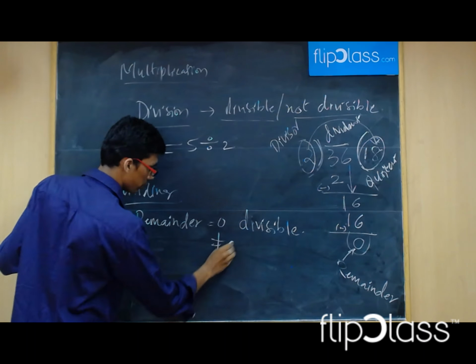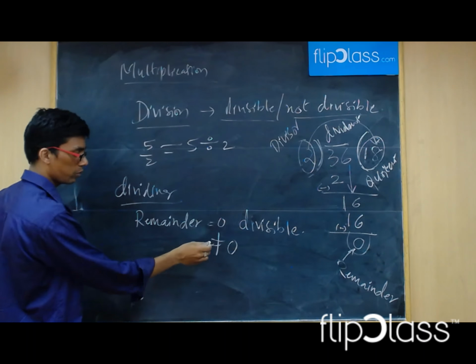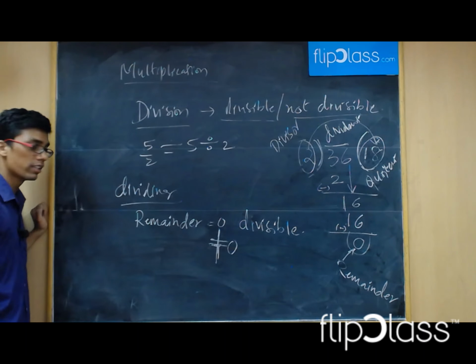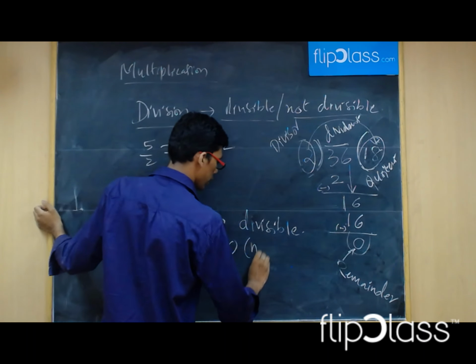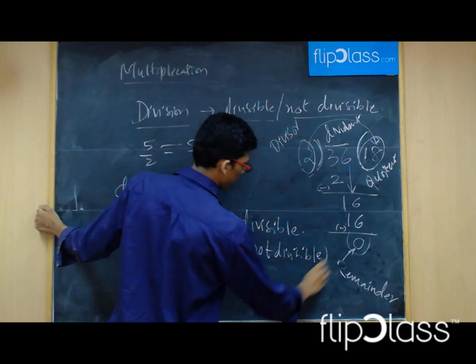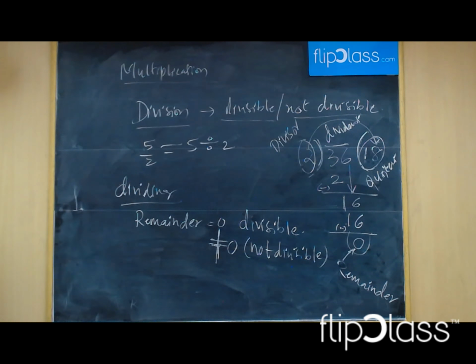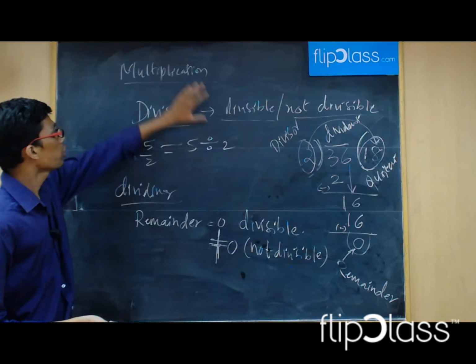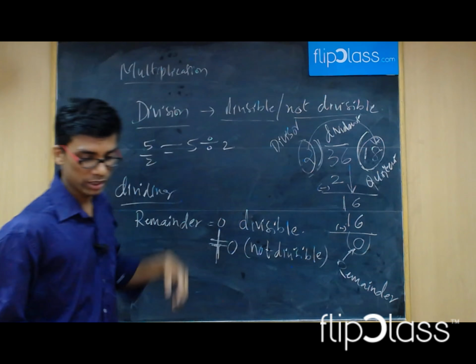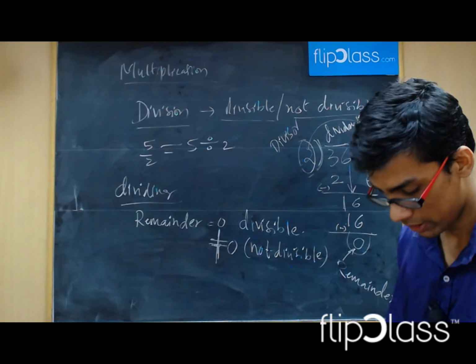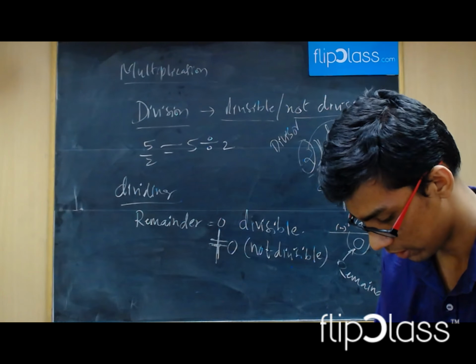When it is not equal to 0, see, this is how we represent not equal: you have two lines here and then you cut it this way. If the remainder is not 0, you say that number is not divisible. Okay, so now you have understood what is divisible and what is not divisible, and how to multiply numbers and how to divide numbers. Any doubts?